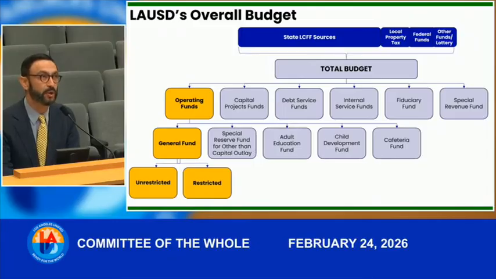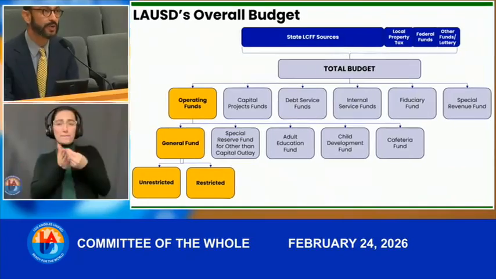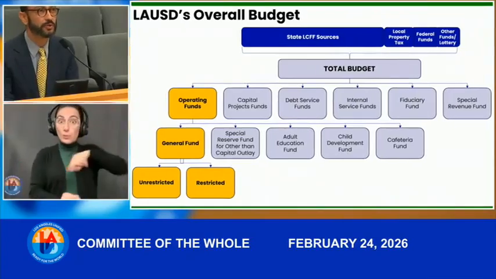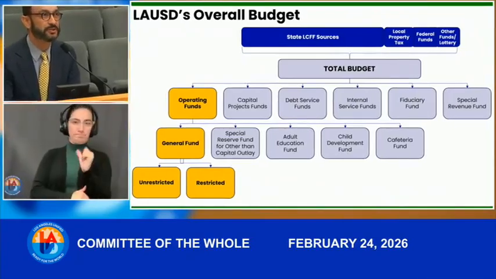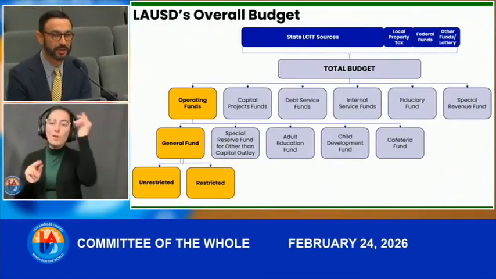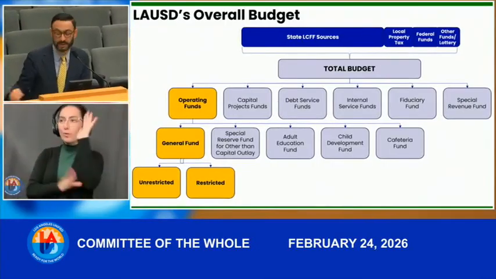The general fund is broken out into unrestricted and restricted. The restricted general fund is, as I mentioned last week, determined by law. We don't decide what's restricted or unrestricted. That's why you see those highlighted in yellow, because that's what we're going to be primarily focusing on today.